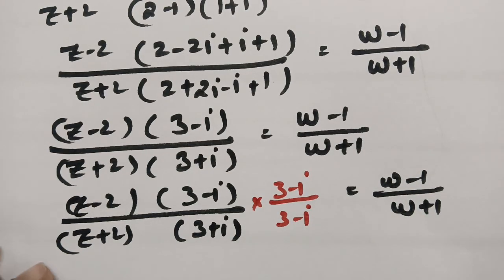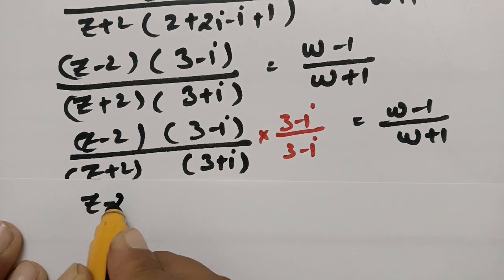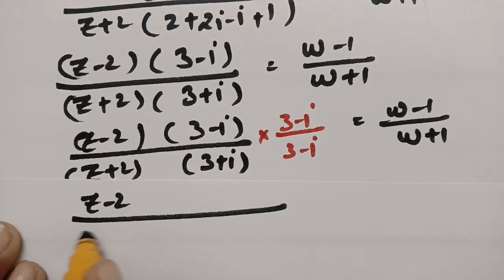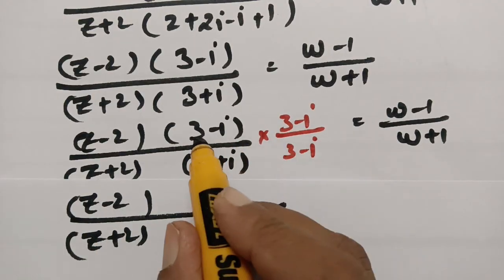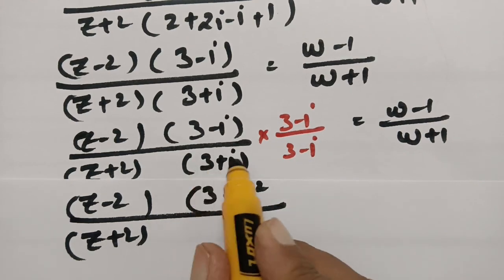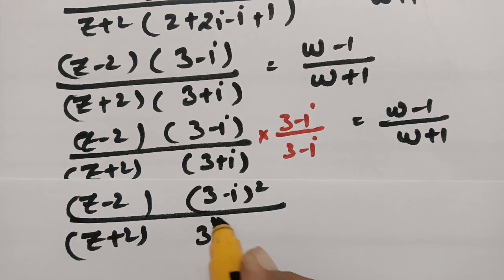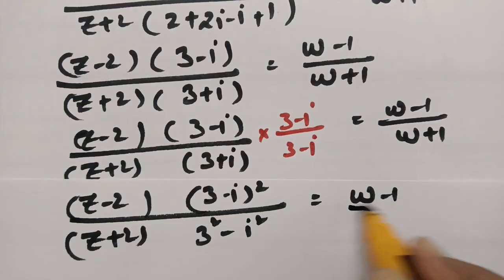And the next step here will be, see here, this is z - 2 and this is z + 2. So this is (3 - i) and this is (3 - i). So this is (3 - i) whole square. (a + b)(a - b) is a squared minus b squared. So which is equal to (w - 1)/(w + 1).